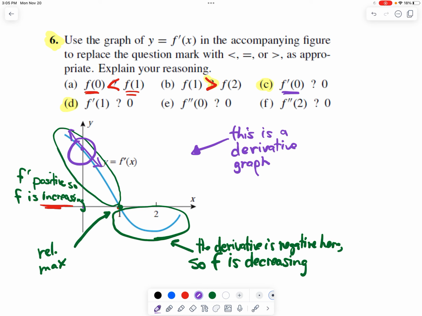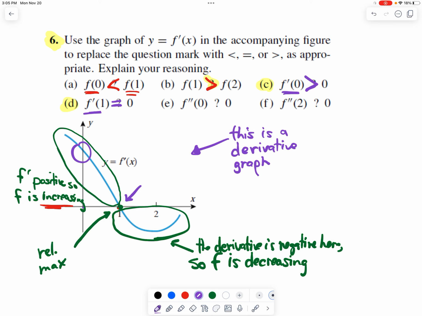This is a derivative graph, so the value is positive, which means it's bigger than 0. So the derivative at 0 is bigger than 0. But when we get to f prime of 1, that's right here. That's reading the graph directly. f prime of 1 is 0, so that is equal to 0.